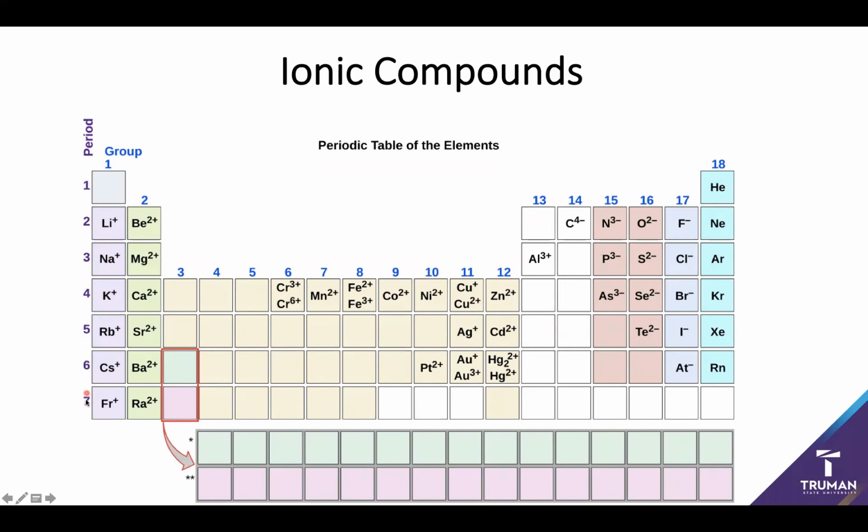For example, alkali metals tend to form +1 cations. Alkali earth tend to form +2. Halides form -1. Oxygen and its cohorts form -2, then -3, then -4, as we're working from the right side.